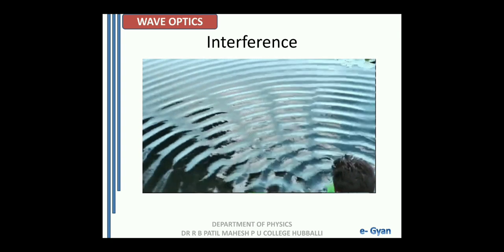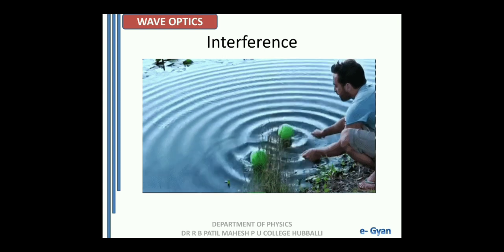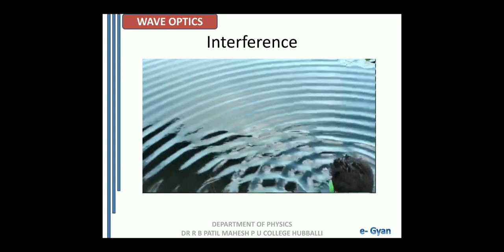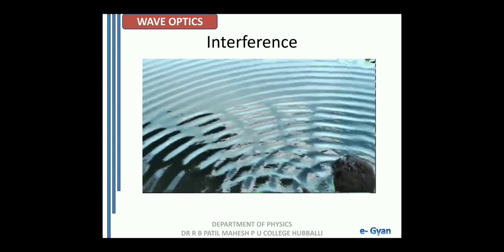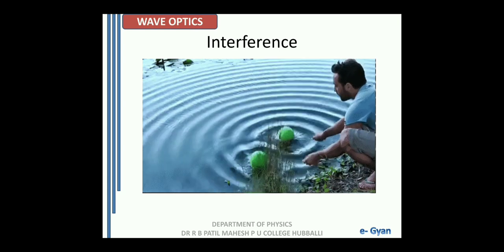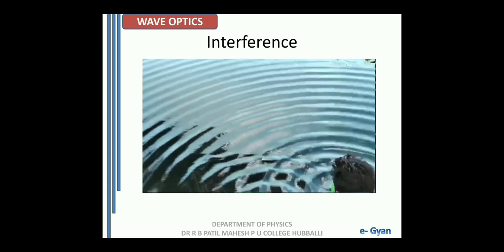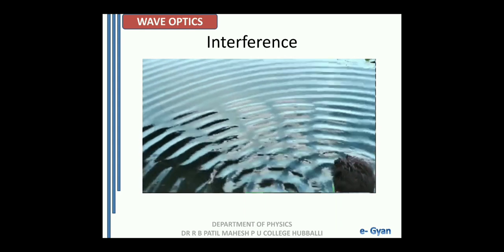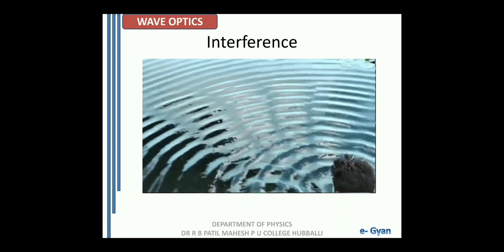So whatever waves we get on the surface are due to the combination of disturbances produced by the two sources. It is not as simple as in the case of one source. The two disturbances combine to produce the resultant one.